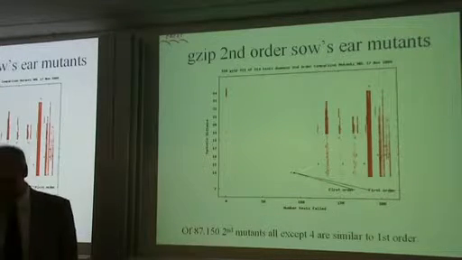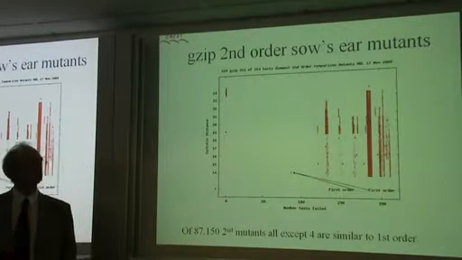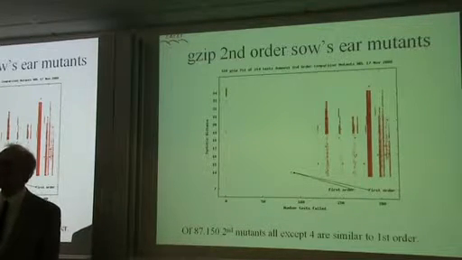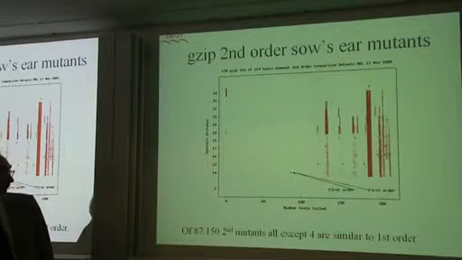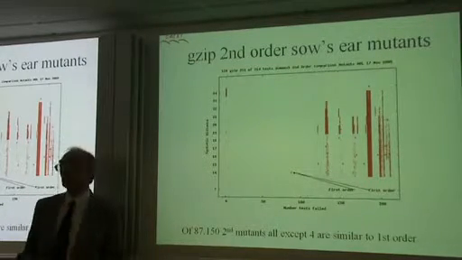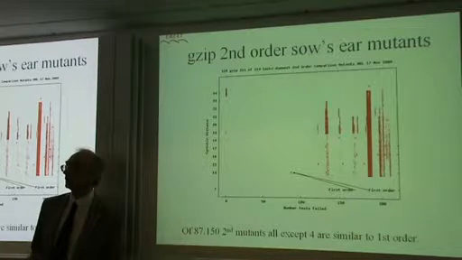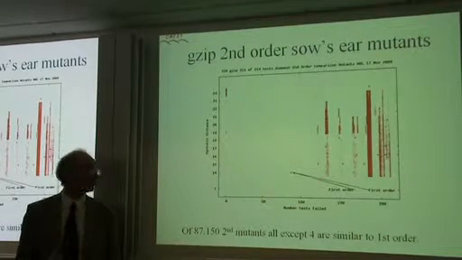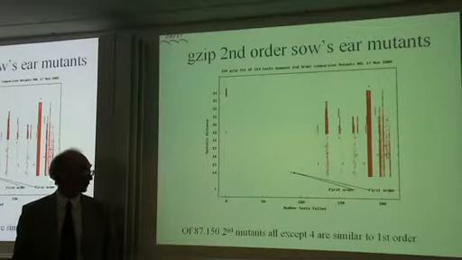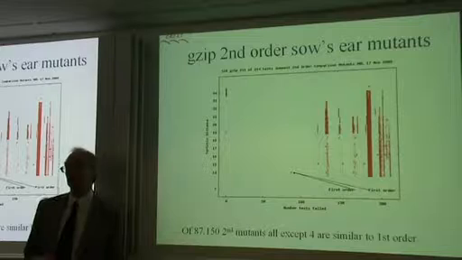And what I'm going to do is look at two cases of interaction between first-order mutants. The first thing to say about interactions is that the second-order mutants formed by simultaneously performing two first-order mutants are almost all pretty much the same as the original first order.